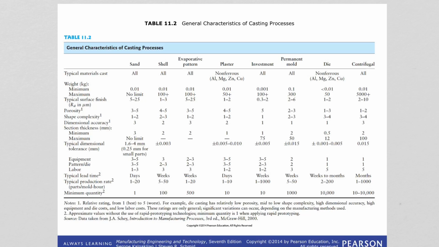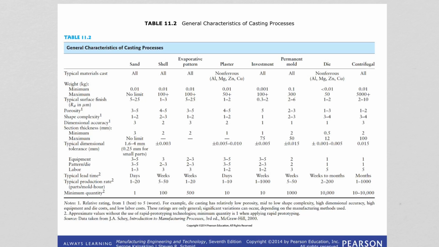And also, the same way, you can look at the dimensional accuracy. In that case, investment casting, permanent mold casting, and die casting are providing good results in terms of dimensional accuracy. And of course, there is a limit for the section thicknesses.